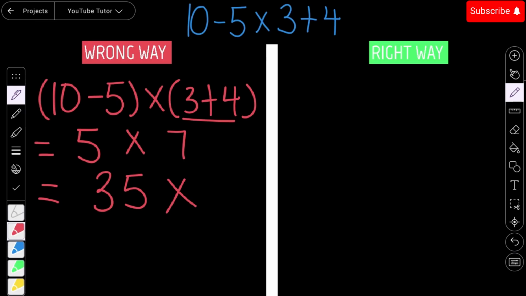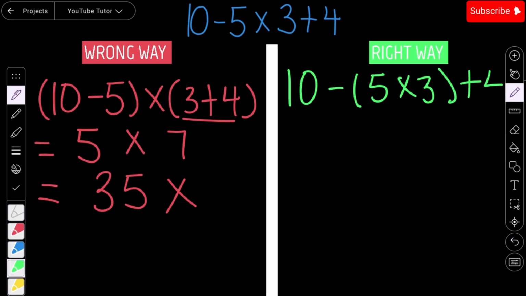For the right way, you have to write 10 and do minus 5 times 3. Then lastly, you add the 4 at the end this way.